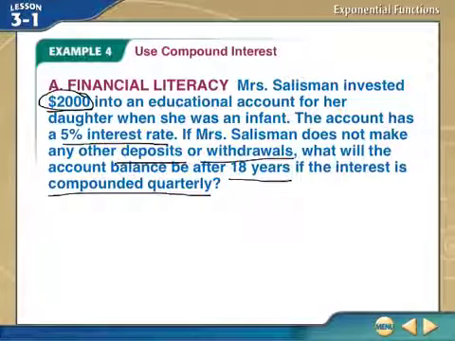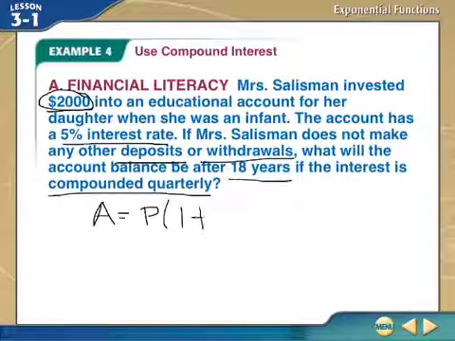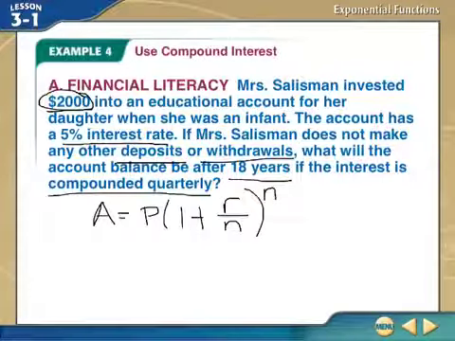So if we look back at the formula, A equals P times (1 plus r divided by n) raised to the n times t. We need to decide where to plug in all the numbers that they have given us. Well, we decided P, for principal, was the initial amount put into an account.